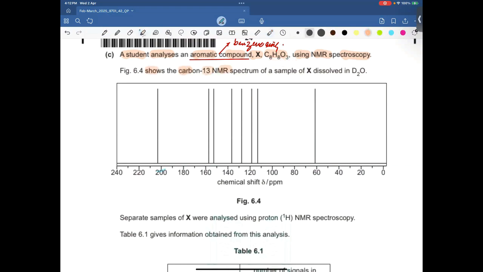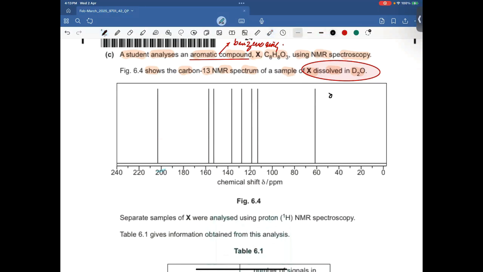The figure shows the carbon-13 NMR spectrum of a sample of X dissolved in D2O. By the way, for carbon-13 we don't need to add D2O, because carbon and D2O show no affinity with each other. These are the number of peaks obtained, and from this spectrum I conclude that we have a total of 8 chemical environments: 1, 2, 3, 4, 5, 6, 7, 8.